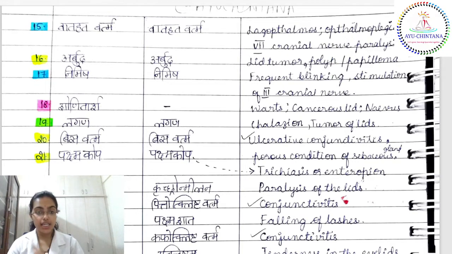Remember, Shonitarsha is Asadhya, while Arsho Vartma and Shushkarsha are Chedana Sadhya Vyadhi. One more Chedana Sadhya Vyadhi is Arbuda. While the three Bhedana Sadhya Vyadhis are Anjananamika, Lagana, and Bisavartma.